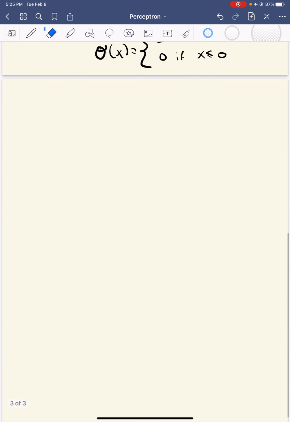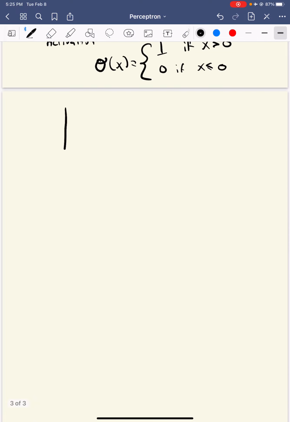So I'll show an example of where a perceptron can actually solve a problem. Let's say you're given two classes of things, say cats and dogs, and let's say there's blue X's and red dots, and these belong to two different classes, and you're only given 2 data points here.